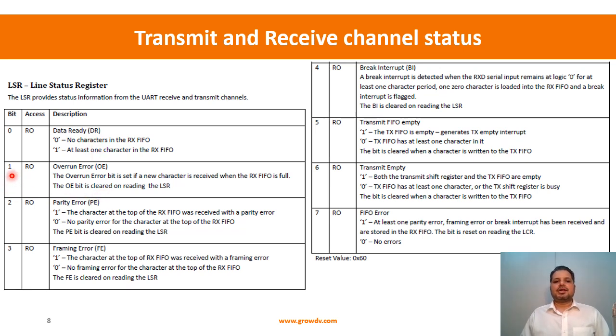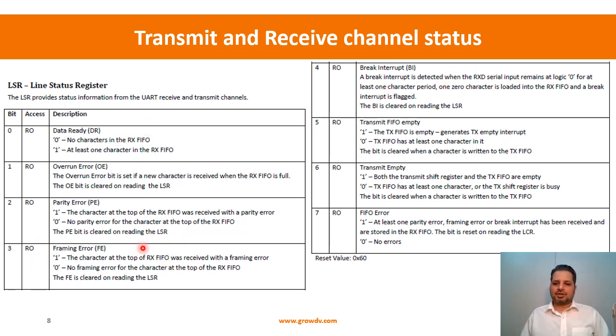And then bit number 1 indicates there is an overrun error. If you remember, even when we were relying on the interrupt, we had some bits that indicate multiple types of errors. To reset that condition, we had to read the line status register. So when we read the line status register, we'll come to know whether it is an overrun error, a parity error, a framing error, or a break interrupt.